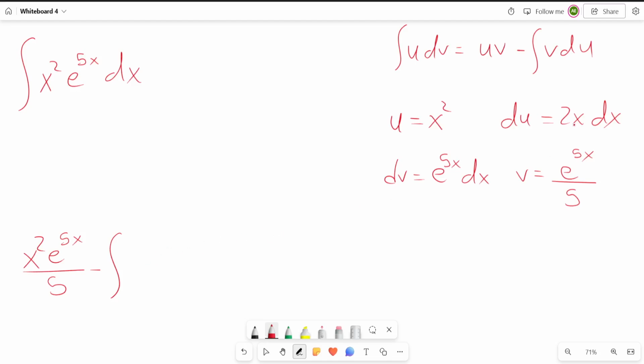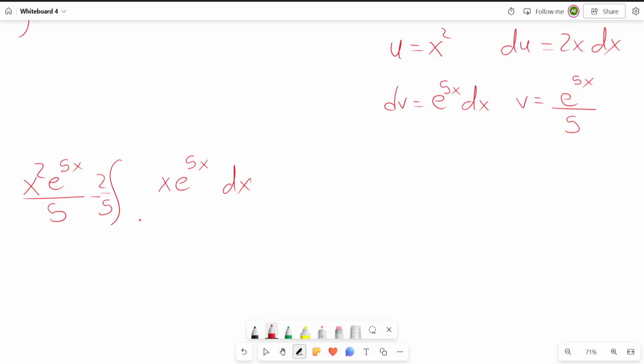So 2x times e to the power of 5x over 5 is going to be 2 over 5x e to the power of 5x, or I can basically take this 2 over 5 outside of the integral to leave me with this, and I have a dx over here.